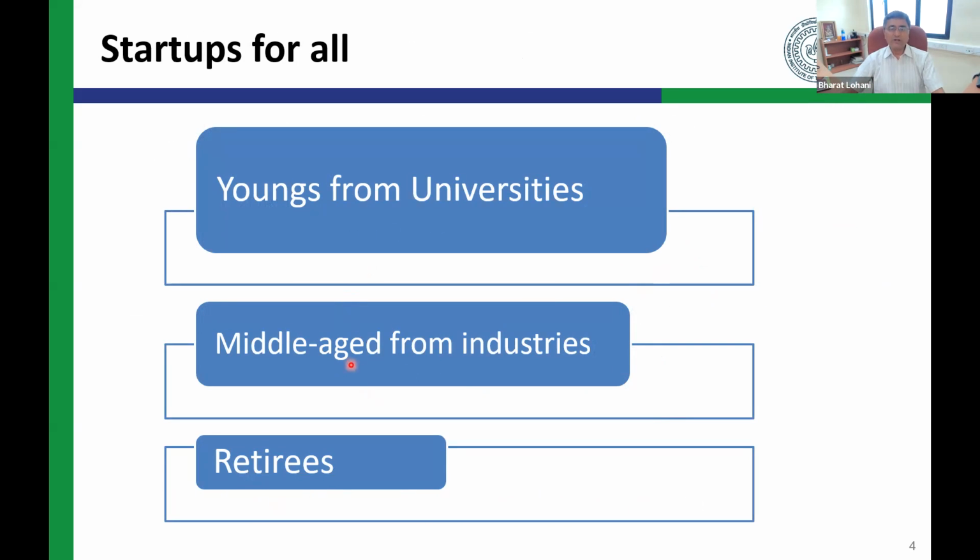But it is also for middle-aged persons, from the industries, from the universities. When I started my company in IIT Kanpur, I was in my middle 40s. Of course, I had a very young, dynamic partner with me. So together we started our company.